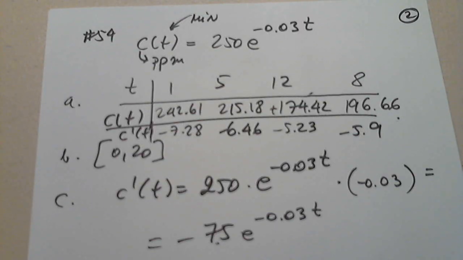So I go to Window, and it's 0 to 20. I'm going to put a scale of 4. And how high? So it goes from 0 to 250 with a scale of 50. Good. So now when I hit graph, really?